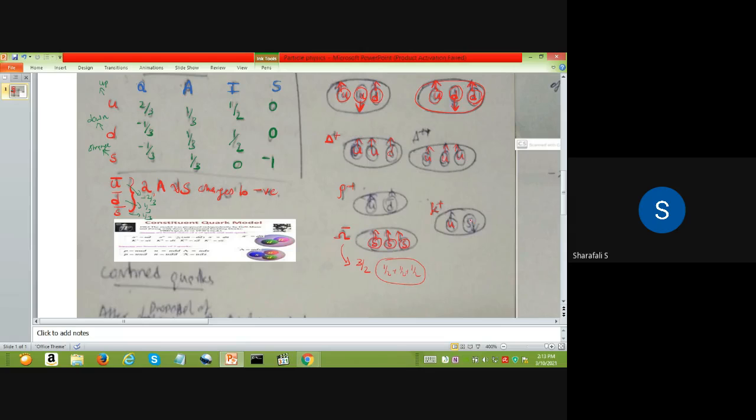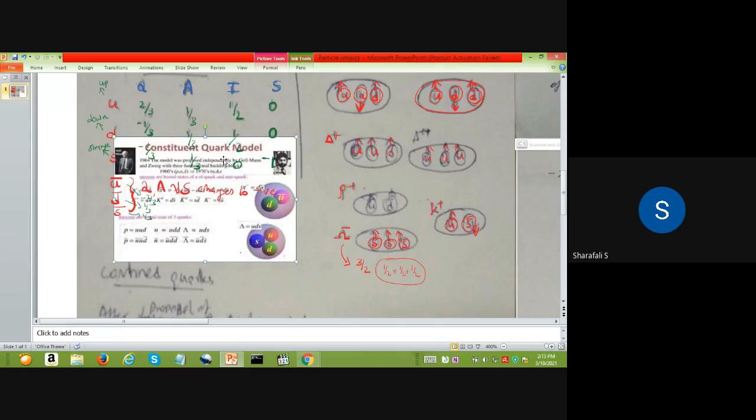This is U, this is S bar. These are the quarks associated. This one has spin down, and this one has spin up. So this is the quark content associated with that kaon with the given charge. I will just show that in this table here.